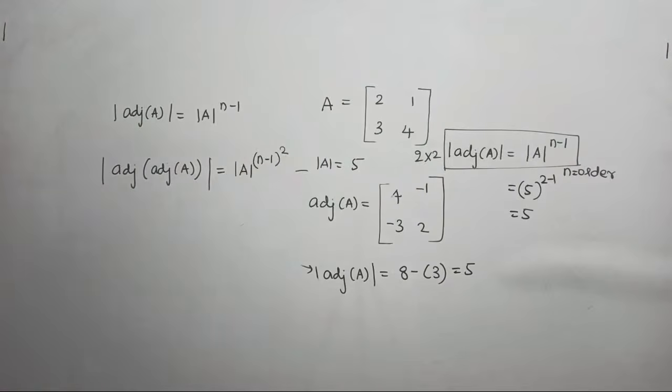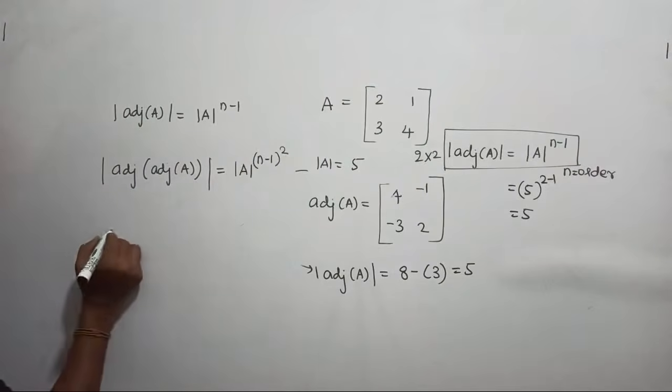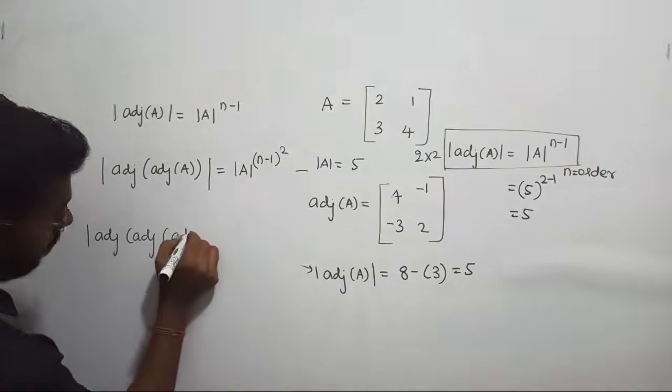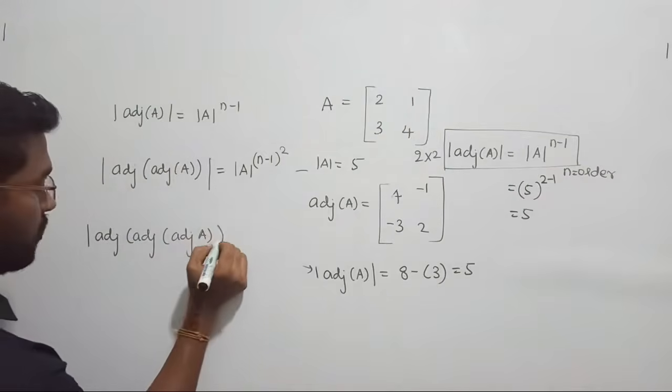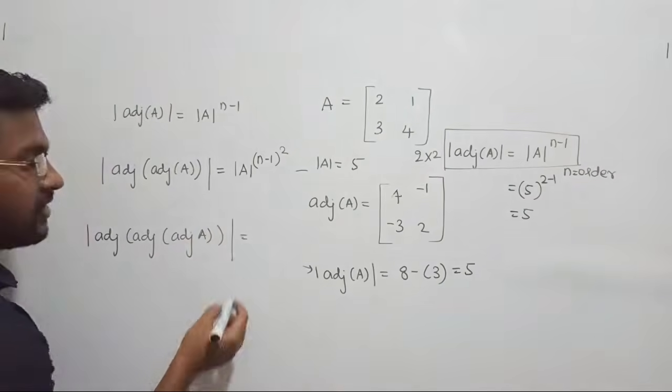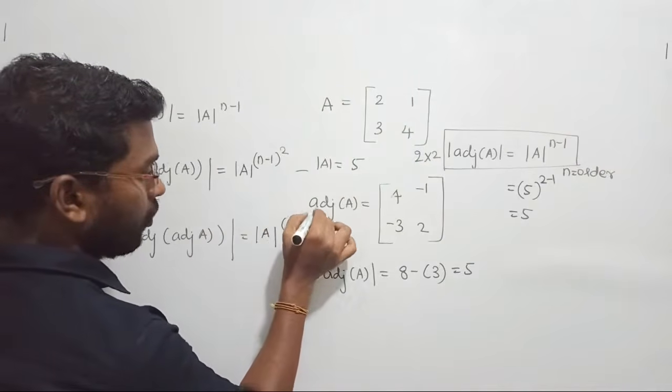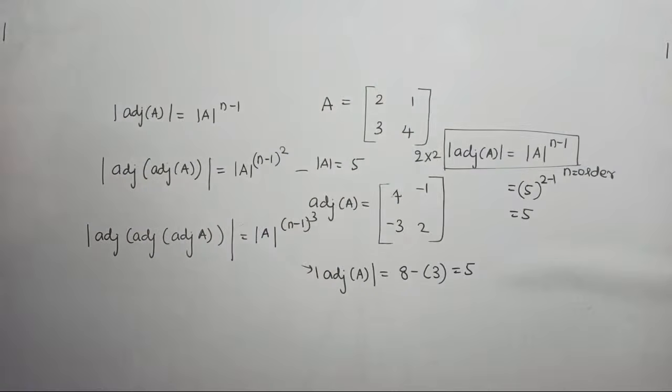So that is n minus 1 whole square. Suppose I take the adjoint again, then what will you get? You have to raise the power 3 times, such that you are going to get n minus 1 whole power 3. Clear? That is the next property.